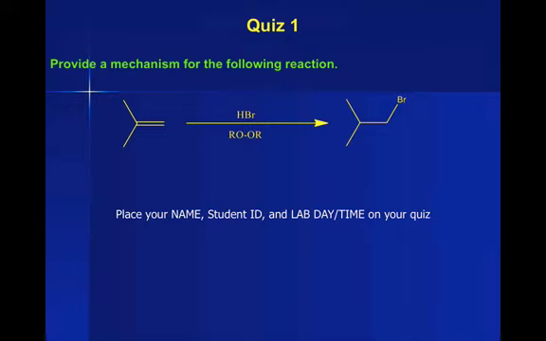You could give a whole series of termination steps. But the take-home message is that anything that removes radicals from the mixture, right, is going to be a termination step. Okay? And so that's why we can add HBr across a carbon-carbon double bond in an anti-Markovnikov fashion if we put a free radical initiator in there like a peroxide. Okay? Any questions about that? All right, go ahead and break up into your groups.